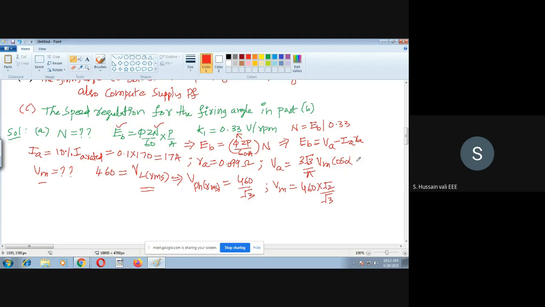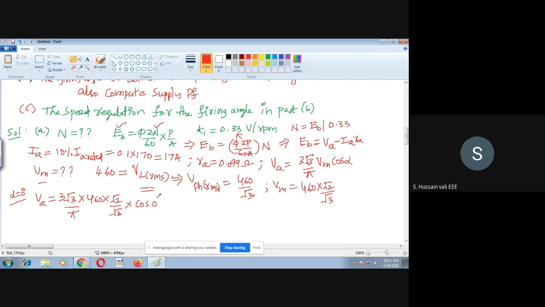Now that we have everything, we will find out VA. First, alpha is equal to 0. VA is equal to 3 root 3 into Vm, which is 460 into root 2 by root 3, divided by pi, into cos 0.